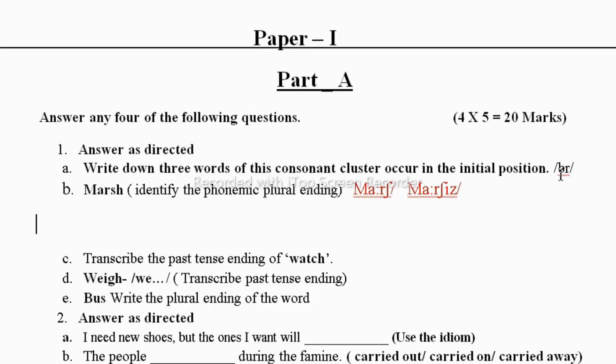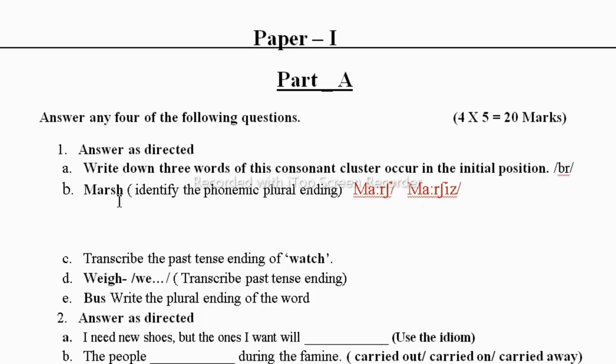So what you need to do, in the exam they would give you any consonant cluster and they would ask you to write words with this consonant cluster which occur at the initial position or the final position. So simply you need to write the words, like the sound of BR at initial position, you can write brain, BR sound is coming at initial position. Brain, bright, or bridge you can write, or bring you can write.